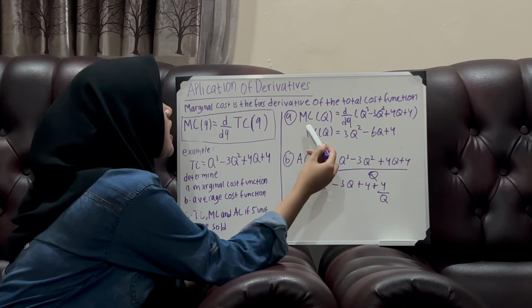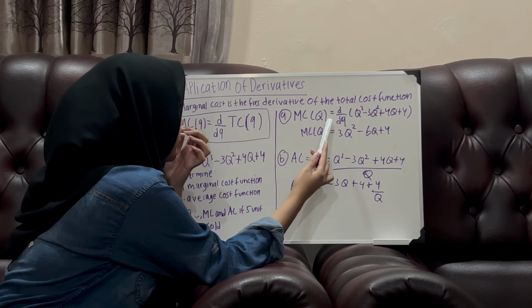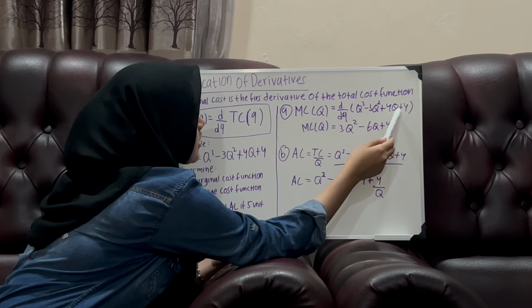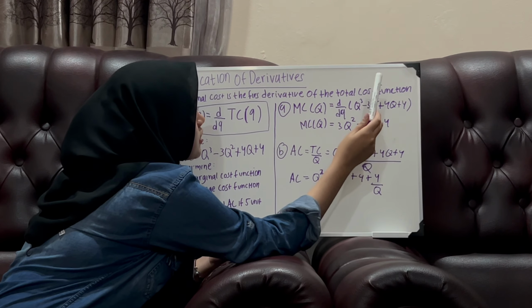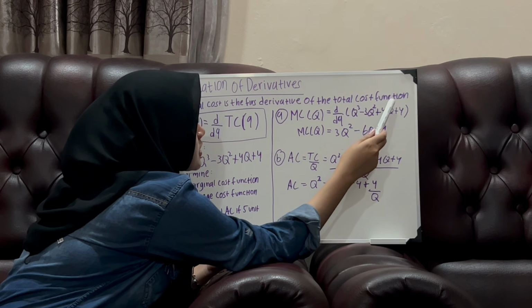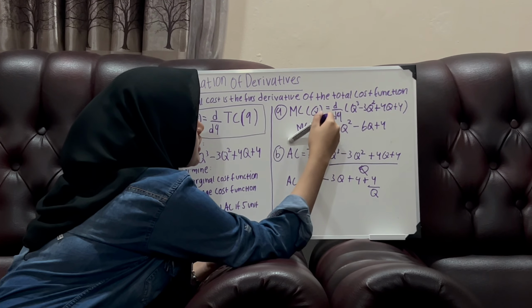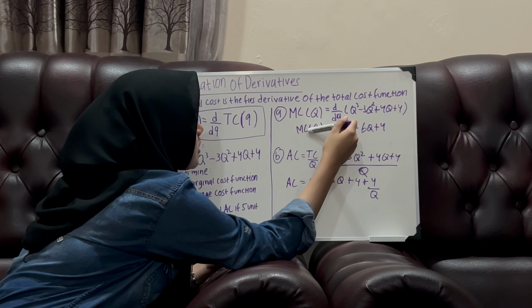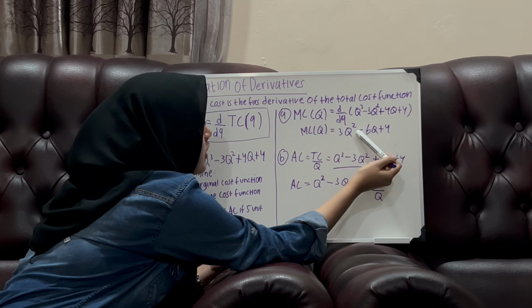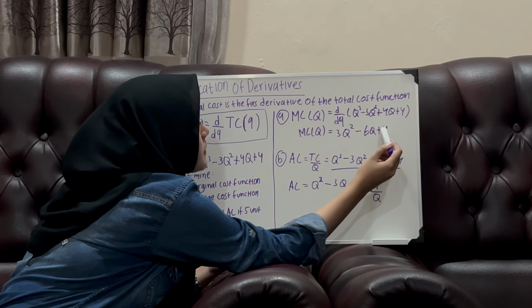So the first, A. MC(Q) equals d/dQ. This is TC, Q cubed minus 3Q squared plus 4Q plus 4. Derivative, MC(Q) is 3Q squared minus 6Q plus 4.